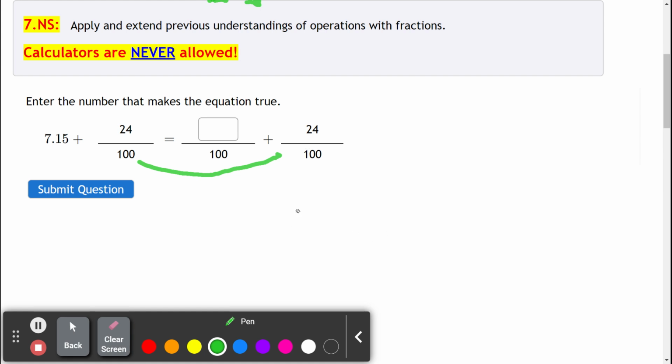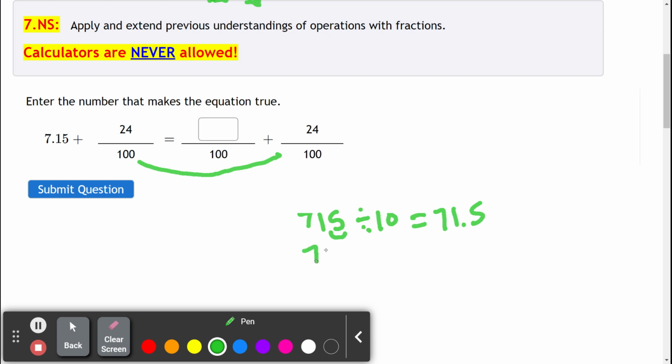Well, by the way, if I had 715 and divided that by 10, that would just move the decimal one time to the left, and that would be 71.5.